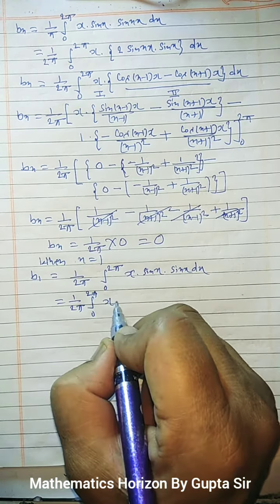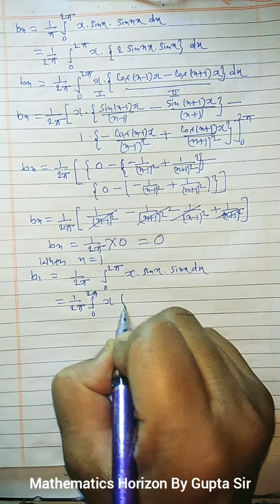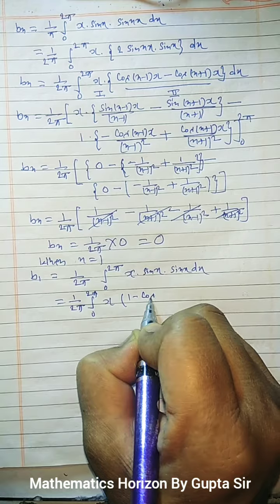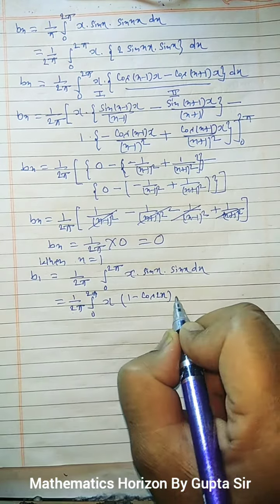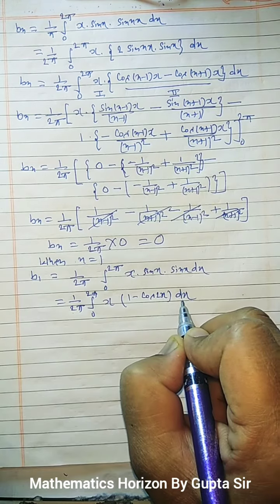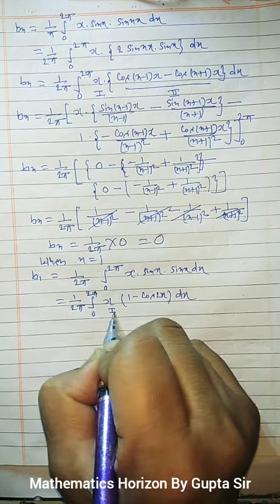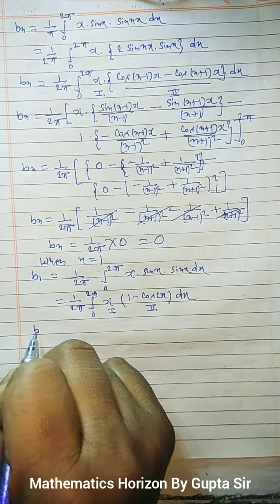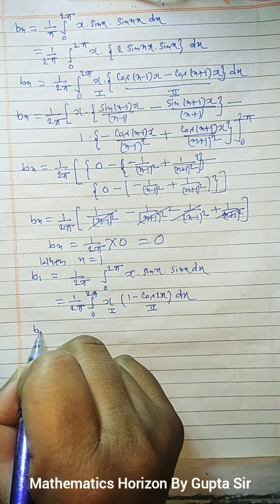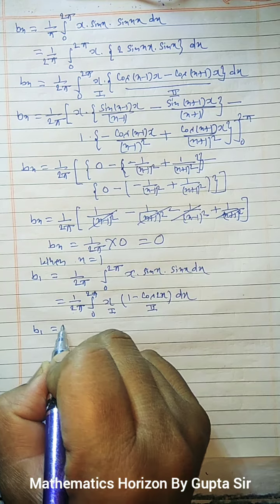Sin square x we can write as (1 minus cos 2x) upon 2, and this is dx. Now integrate by parts, taking this x as the first function and 1 minus cos 2x as the second function.